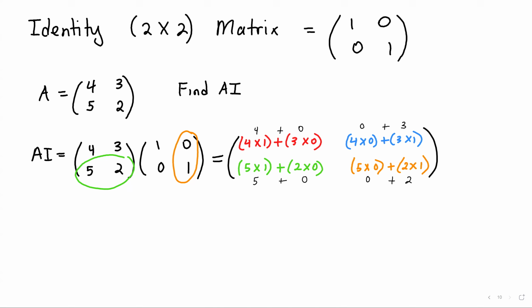And then just writing all of that out, that would be 4 plus 0, which is 4. 0 plus 3, 3. 5 plus 0, 5. And then 0 plus 2, 2. So as you can see, it's the same matrix, right? So therefore, AI is actually equal to A. So any matrix multiplied by the identity matrix is itself.